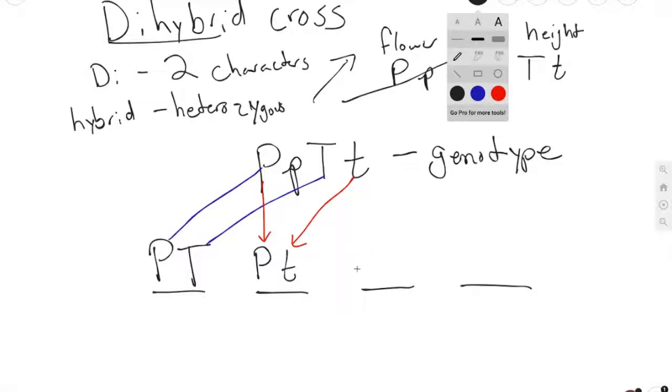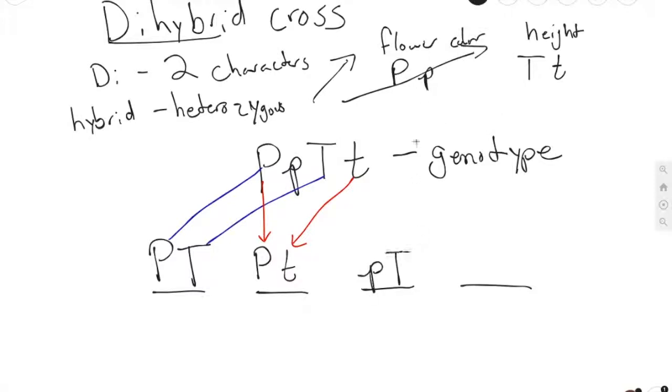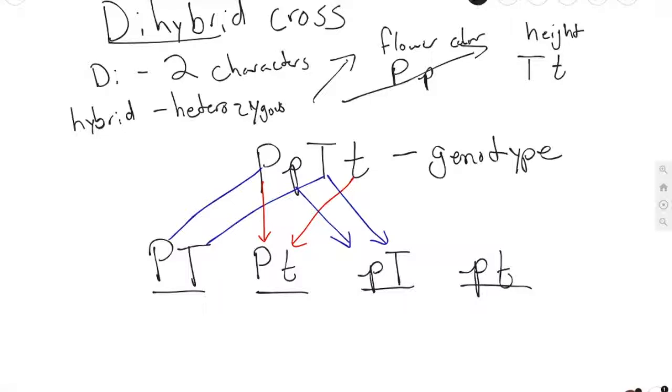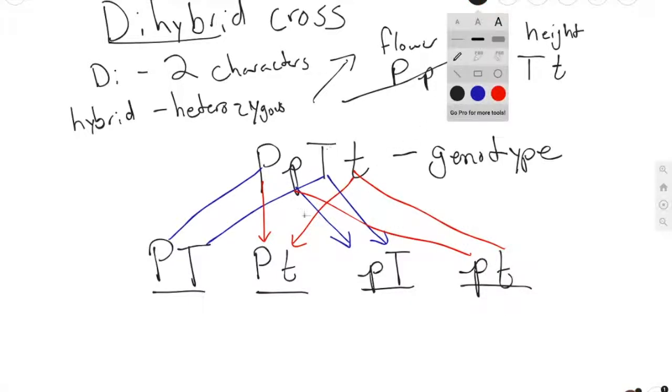Our third option is, well, we've used the big P twice, and we've done all of the possible combinations with big P, so now we're going to switch to little p. Little p with big T, and that's coming from here. And our very last option is going to be little p and little t. I'll use another color. So that's coming from here and here. So that's all of the possible combinations of gametes I can make for this individual.